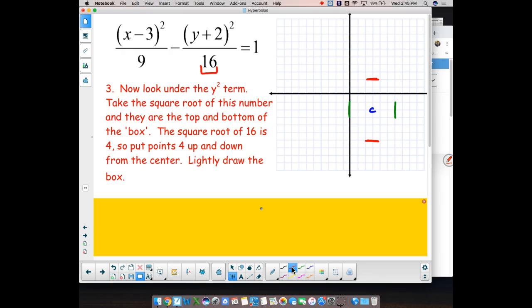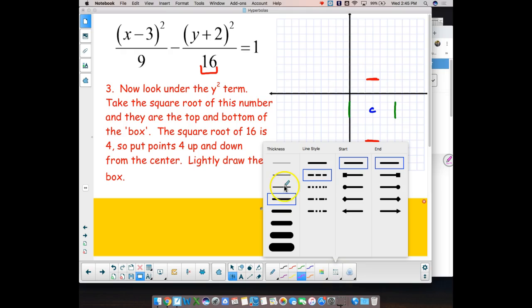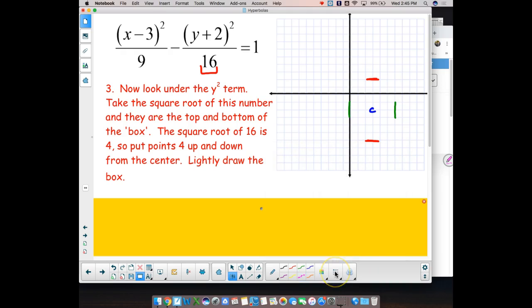Okay? So now I have those 4 dimensions. So for you, I would lightly draw the box. I don't have that option because I'm not technically sound, but I am going to lightly draw in my box.